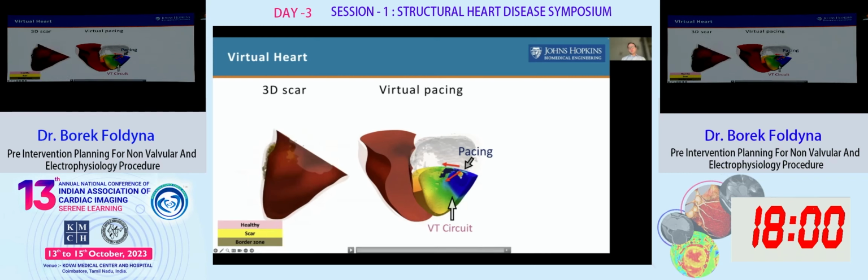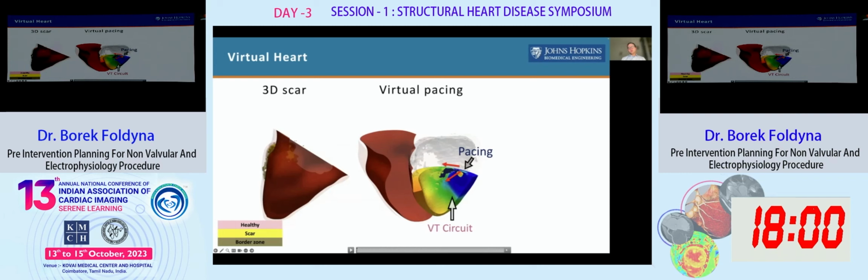a virtual pacing. So what they do is pace certain areas of the myocardium, and if we have our little piece of the scar right here, which is this dark area, and they pace in this area, we would expect that the electrical impulse goes away from this pacing area, and you will see that actually after maybe a third or fourth beat, we will have a little re-entry where the impulse goes the other direction.